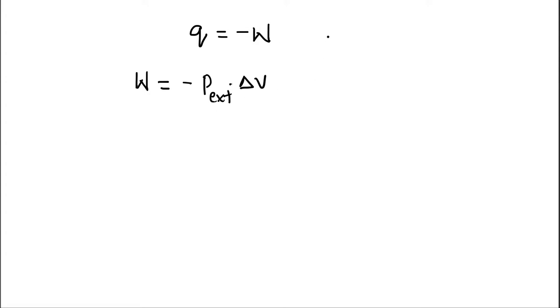So from this what we can write: Q equals negative W. So the heat received is P external times delta V, since the negative of negative becomes positive. Here I have not mentioned whether the expansion is reversible or irreversible. Now let's take reversible isothermal expansion.